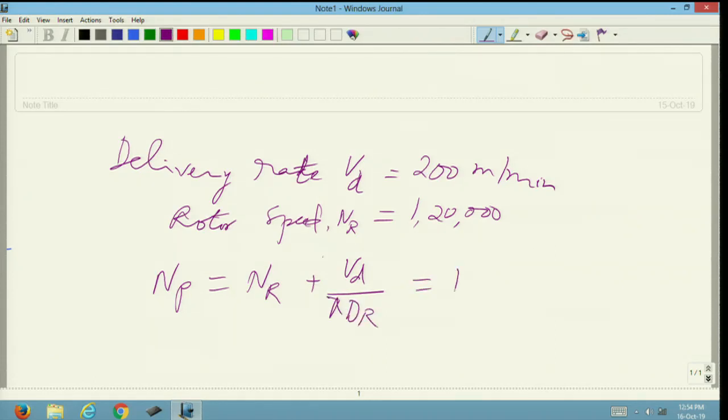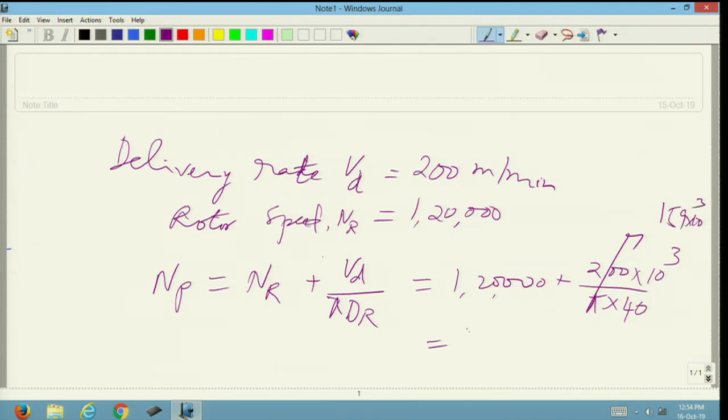So, this is going to be 1,20,000 plus 200, the delivery rate, divided by pi times a rotor diameter of about 40 mm. We also multiplied by 10 to the power 3 to convert meter into mm. This will come to 159, I think, into 10 to the power 3.